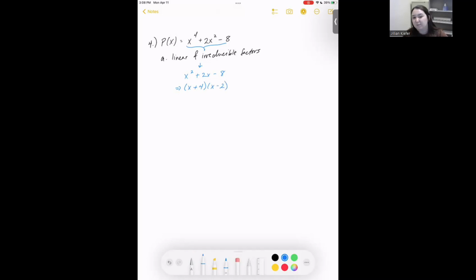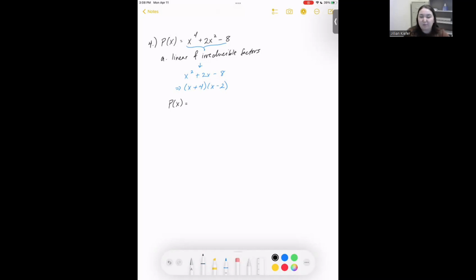Well, that'd be x plus 4 times x minus 2. Since our exponents got doubled, in our factorization of p of x, we'll double the exponents on the factors.